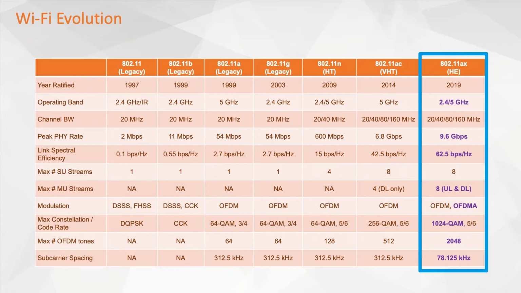So 2 megabits was a very best case scenario then, to our current 802.11ax, which is a peak PHY rate of 9.6 gigabits per second. So in about 20 years, we've gone nearly 5,000 times increase in speed. And through many different innovations over that time, but you can see how far this has come.